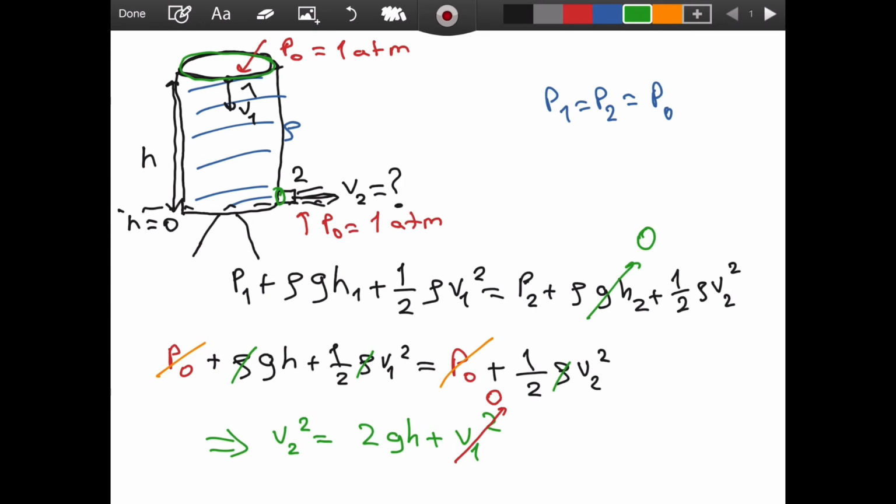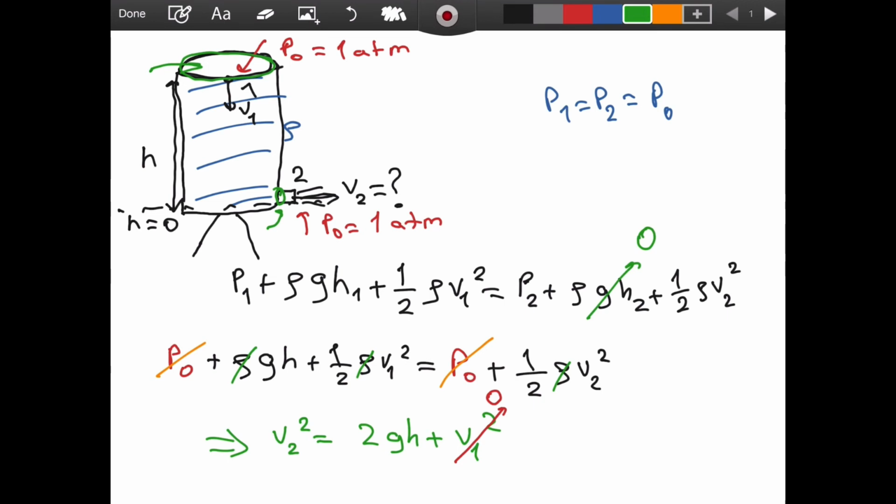It has a very big cross-sectional area, and the exit will have a very little cross-sectional area. So the water level will be decreasing very, very slowly at the top. That is why we can make an approximation and assume that v1 is equal to 0.